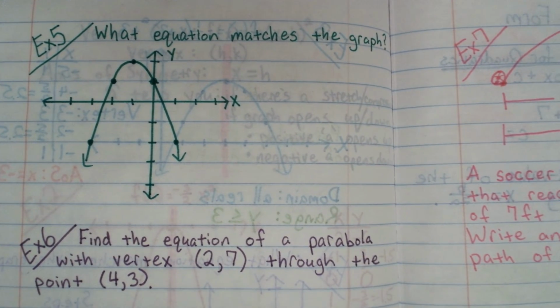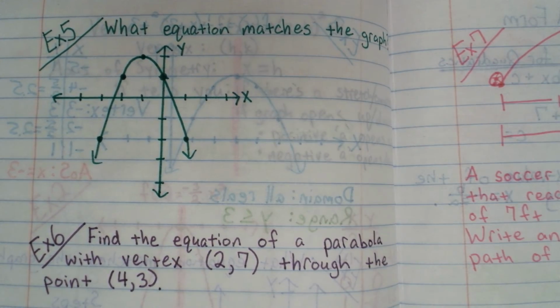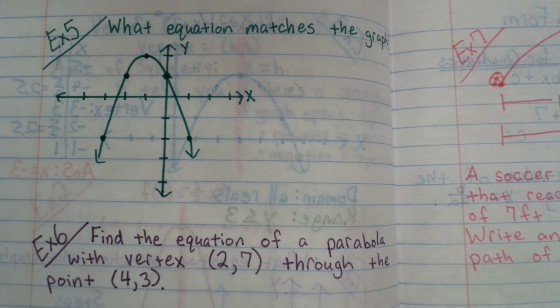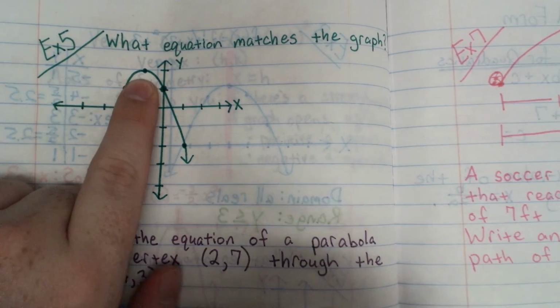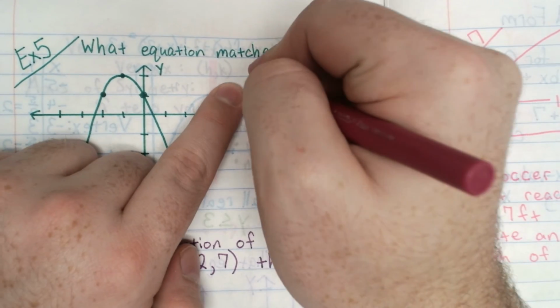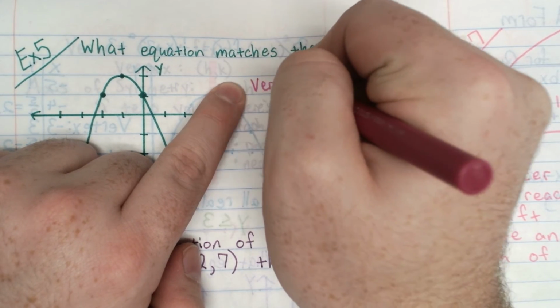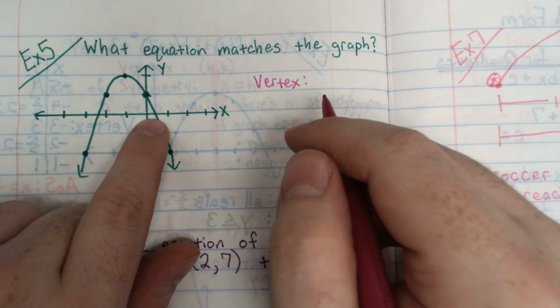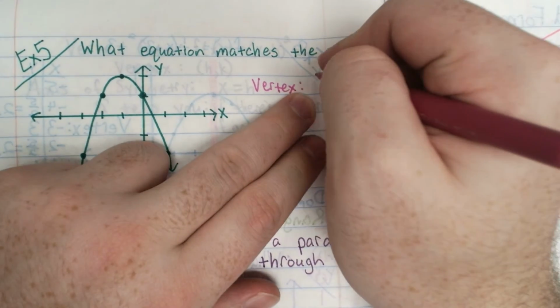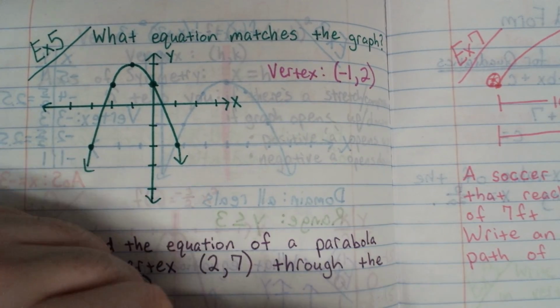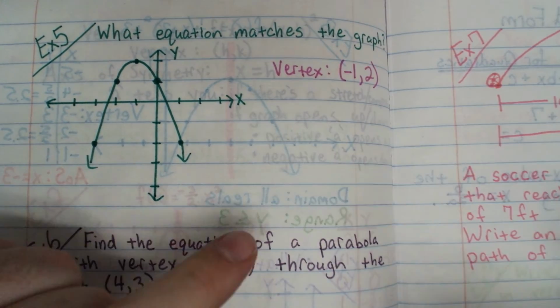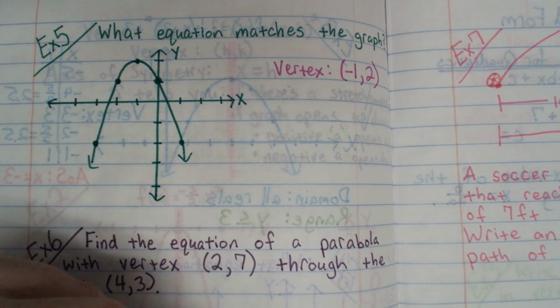So here, go through those 2 steps again. What is the vertex? The vertex is, in this case, a maximum at -1, 2. And then we want to determine what A is.